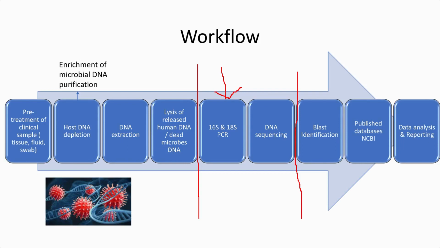Once we get the reads, we can compare them against a nucleotide database such as NCBI, and run a BLAST to see which communities and species the reads match, and then we can go ahead with the analysis.